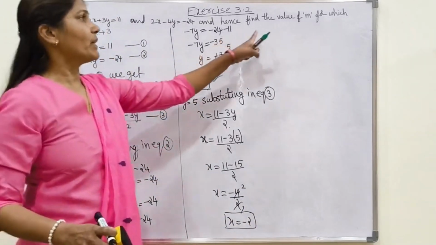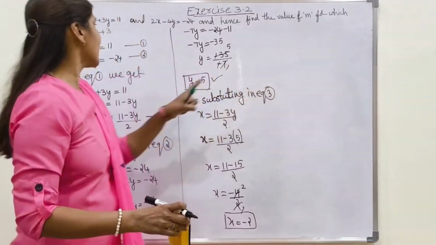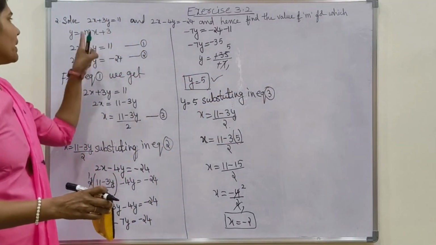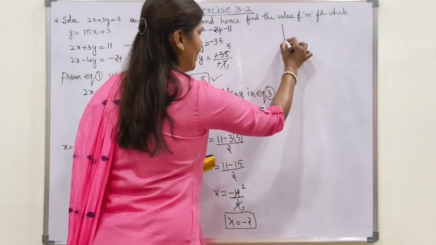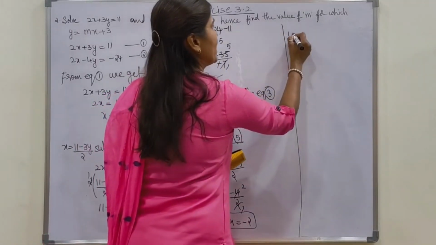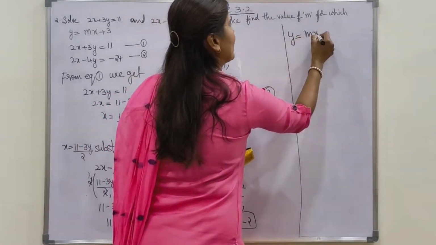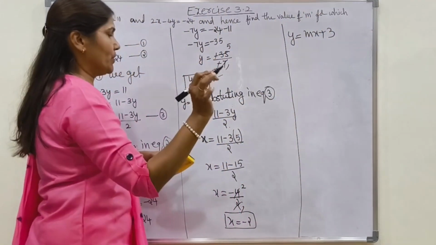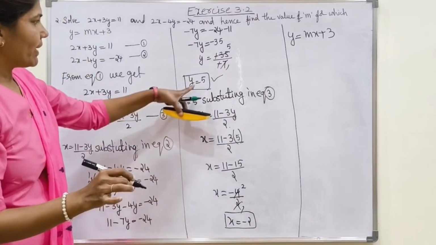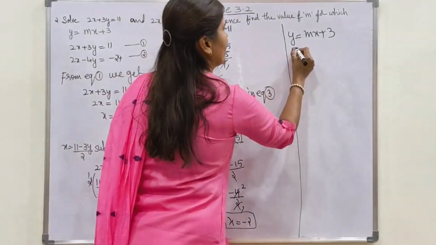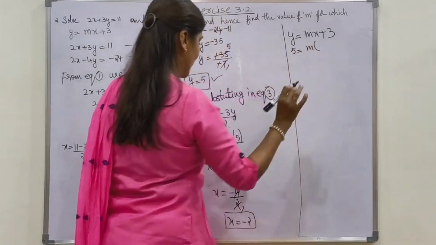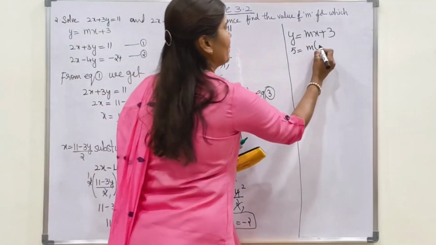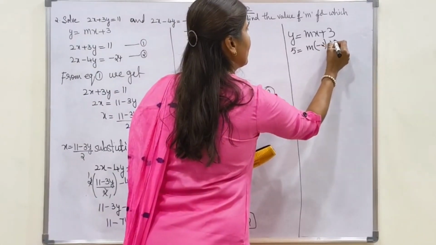But we have to find the value of m, from the equation y = mx + 3. The y value is 5, so 5 = m into the x value, which is −2, plus 3.